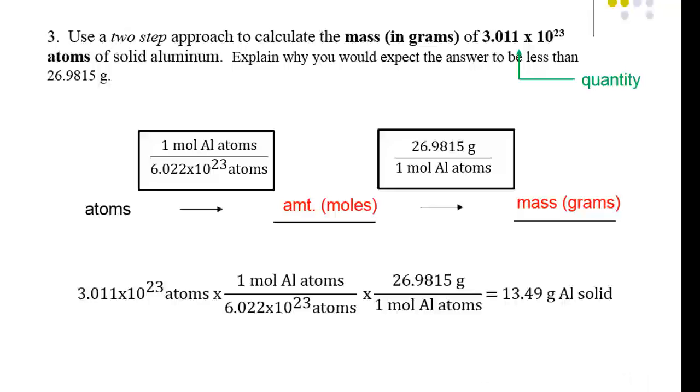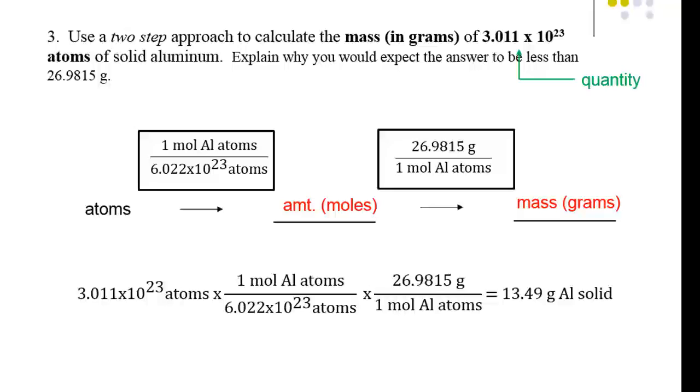We first of all write down our quantity, including its units. So therefore it's 3.011 times 10 to the 23 atoms. We multiply by the first conversion factor, which will allow for the atoms to cancel. And at that point we'll have calculated the amount in units of moles.